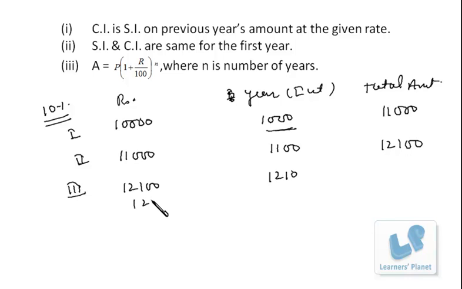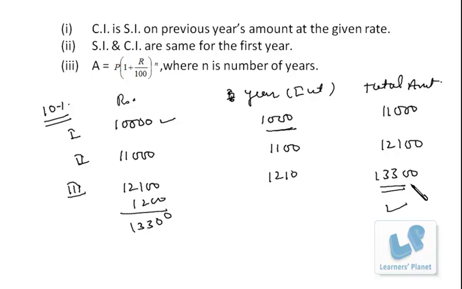Now the total amount will be, after 3 years, 13,310 if I am not returning even a single penny in this duration. So I started with 10,000 and after 3 years I have to return this amount. So the portion 3,310 is actually the interest portion that is accumulating year by year.